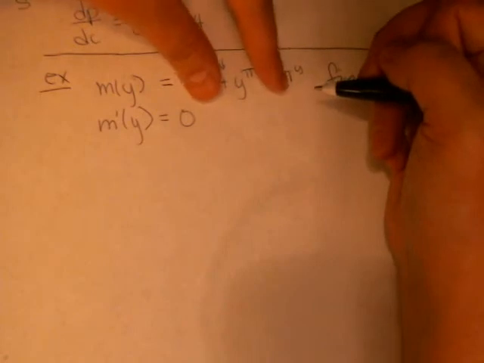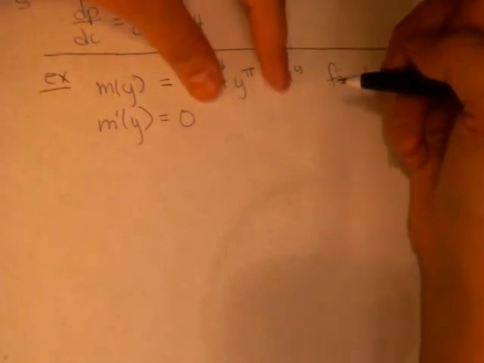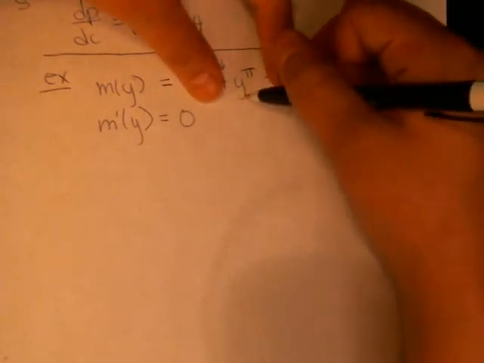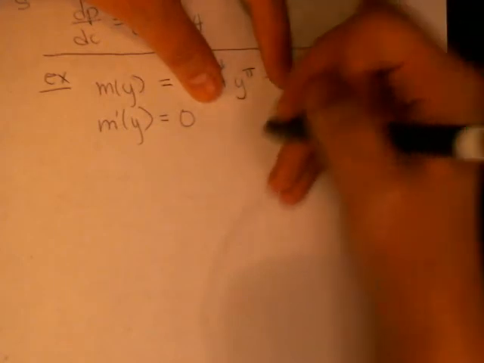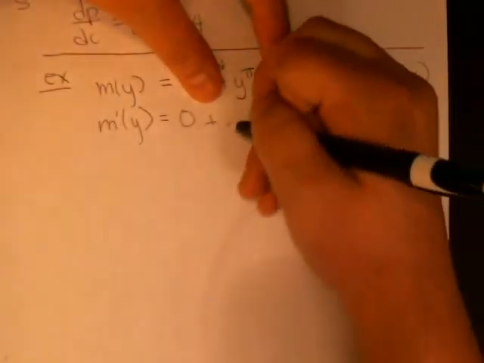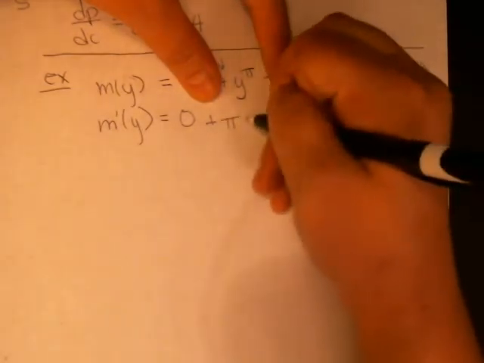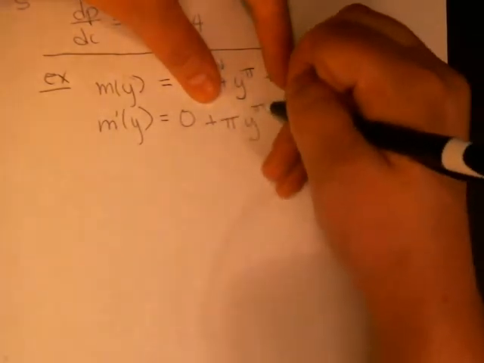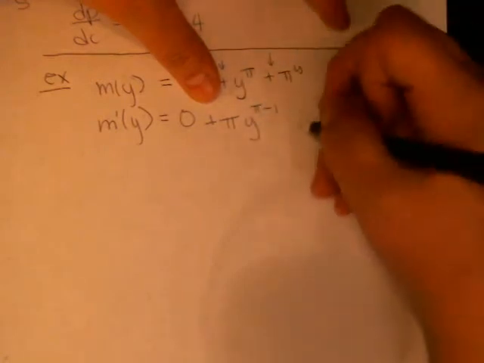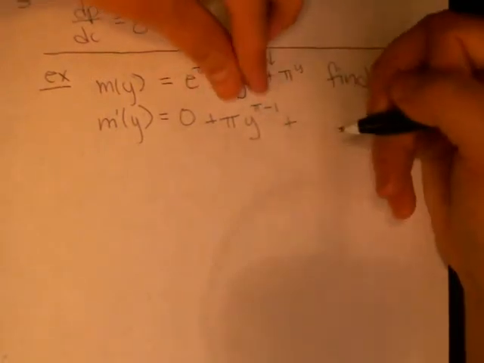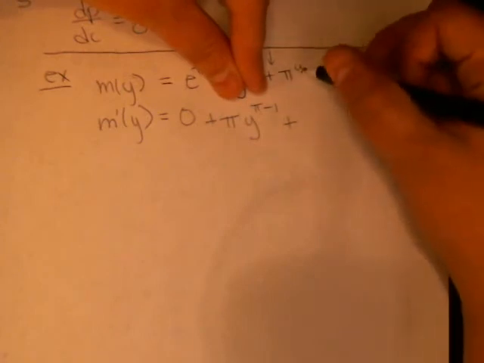And now I get to move on to piece number 2. That's a y to the pi. So my variable does show up, and it's in the base, which means this is a power function. So I'm going to multiply by pi times y to the pi minus 1. So drop the power down in front, reduce it by 1. And then last one is pi to the y.